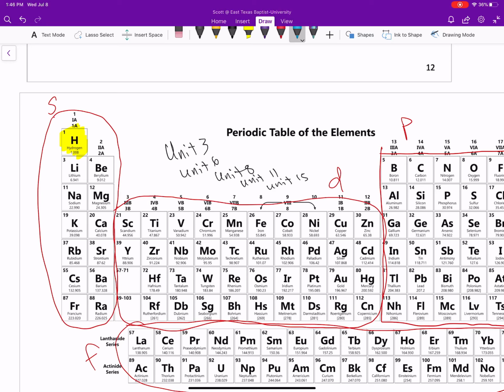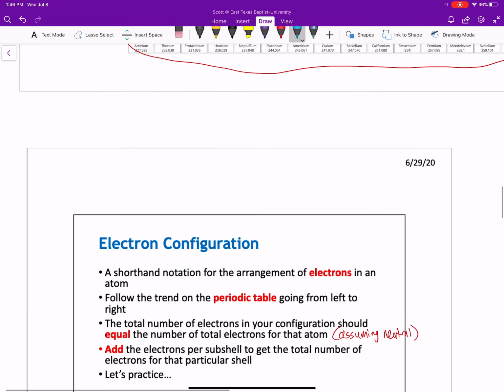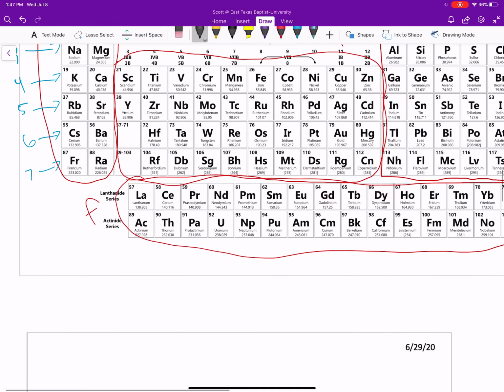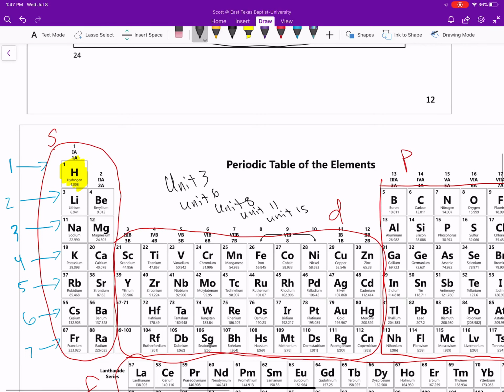So remember, this would be 1, 2, 3, 4, 5, 6, 7. The way we're going to write this is pretty simple. Hydrogen is one of the easiest ones. It's simply on the 1s, and because it only has one electron right there, it's just going to be 1s1.